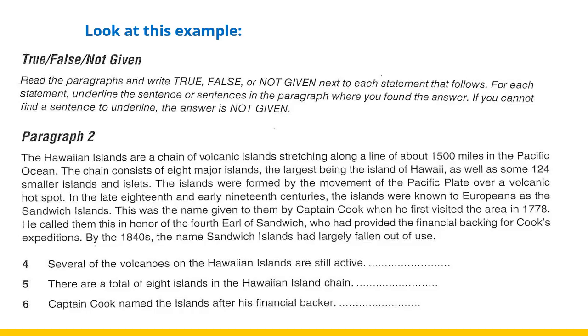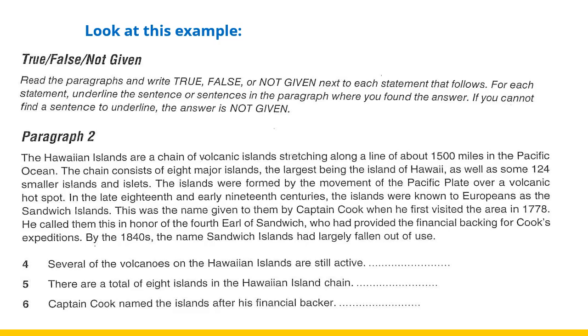So we have a paragraph here and we have 3 different statements. What we need to find out is if these statements are true, false, or not given. So let's try to do at least one of them. And let's do number 4. Several of the volcanoes on the Hawaiian island are still active. So what you need to do in this case is go back to your passage.